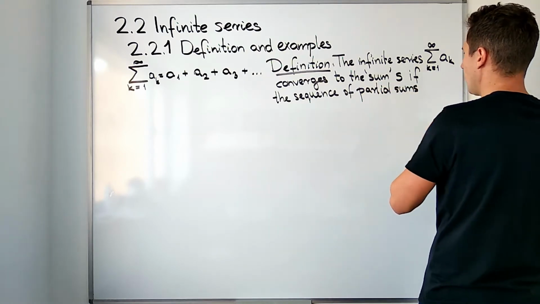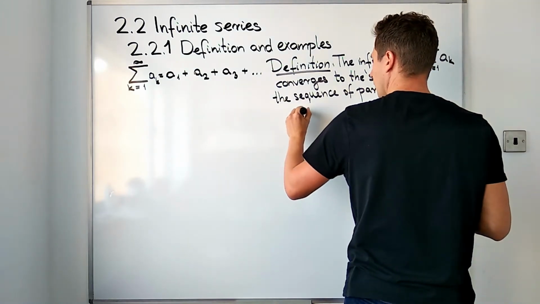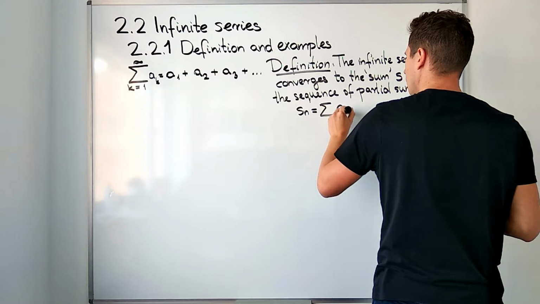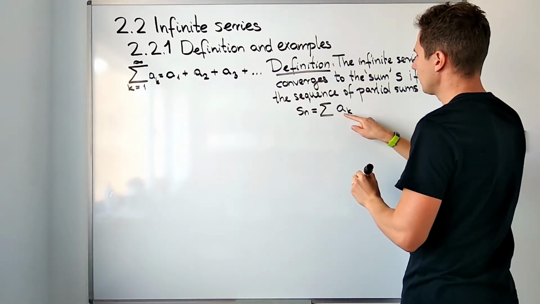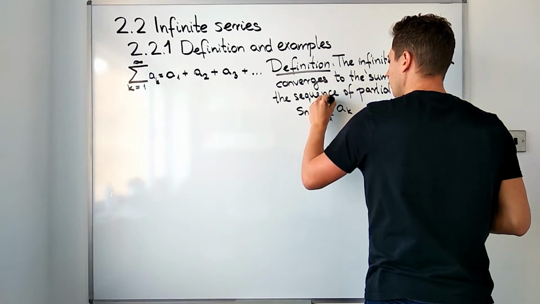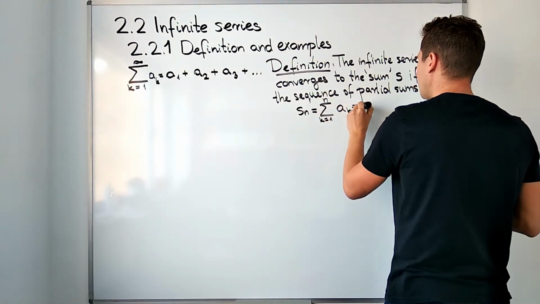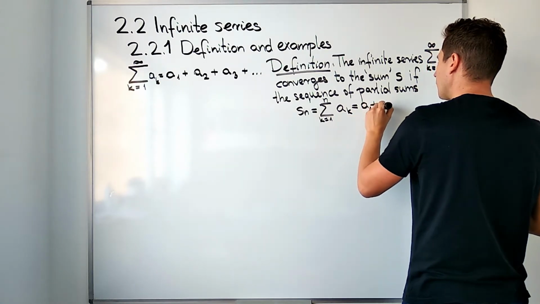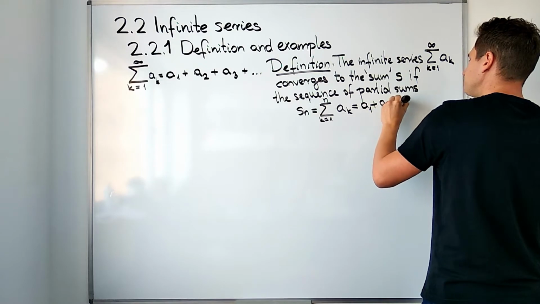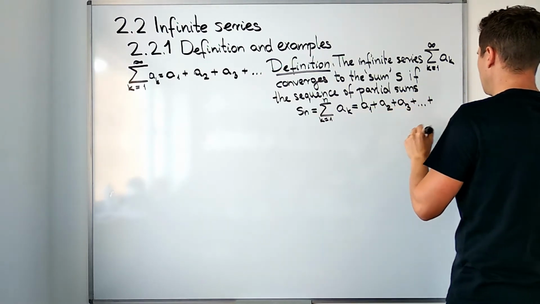And what I mean by partial sums is this sequence when we add up the terms in the sequence a_k from the first term only till the nth term. So this is just a finite sum. This is just the sum of n numbers. So I'm not going all the way to infinity.